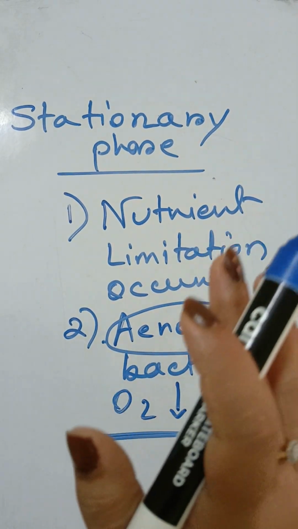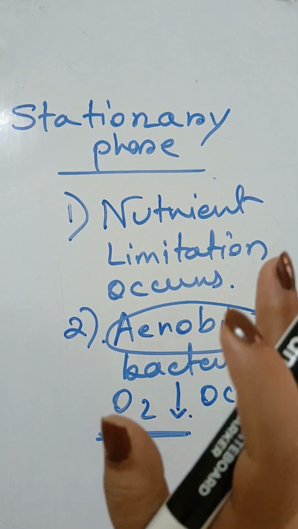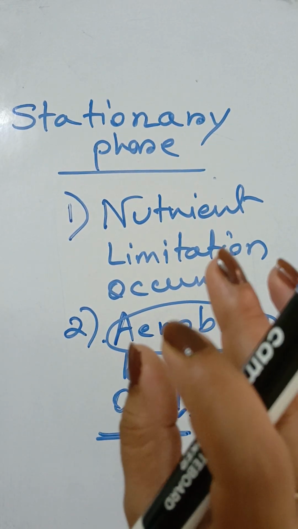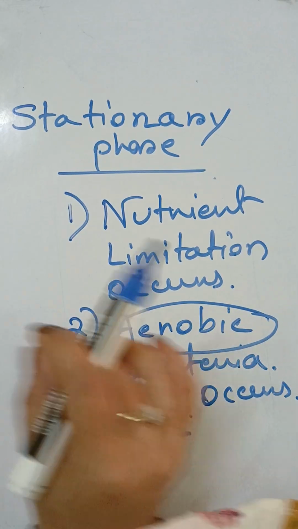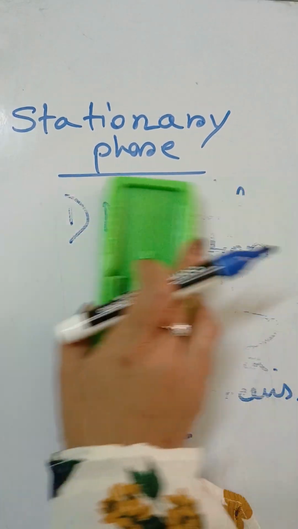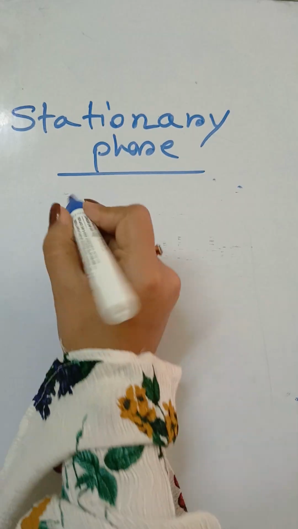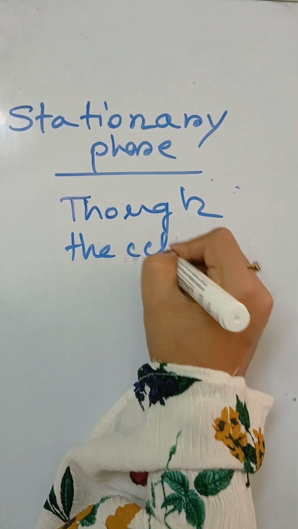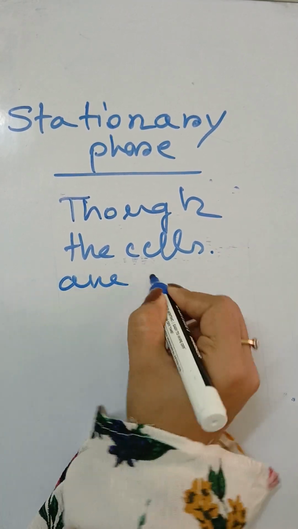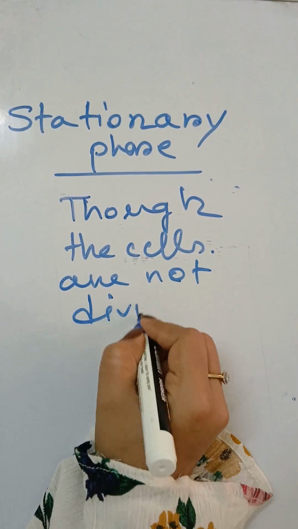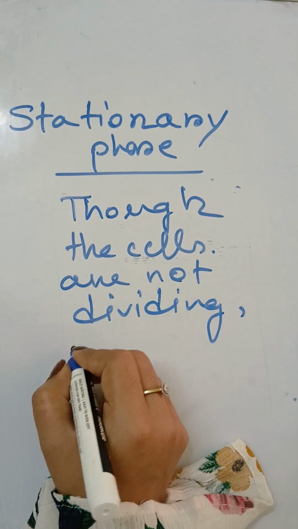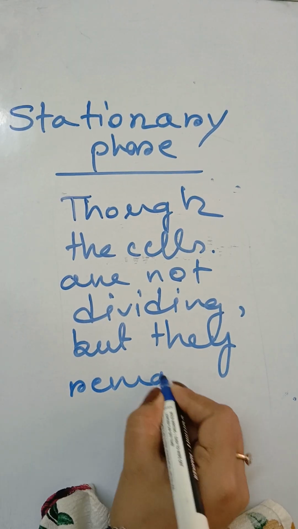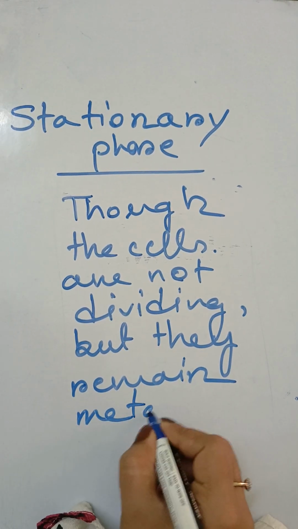So they stop their growth, or they cease their cell division, but they remain metabolically active. This is the beauty of the stationary phase. Though the bacterial cells are not dividing, they remain metabolically active.